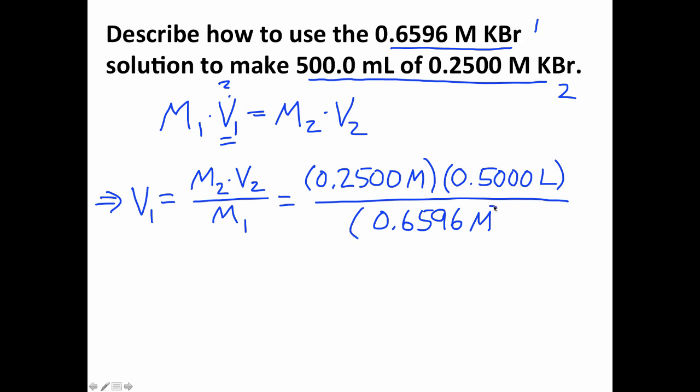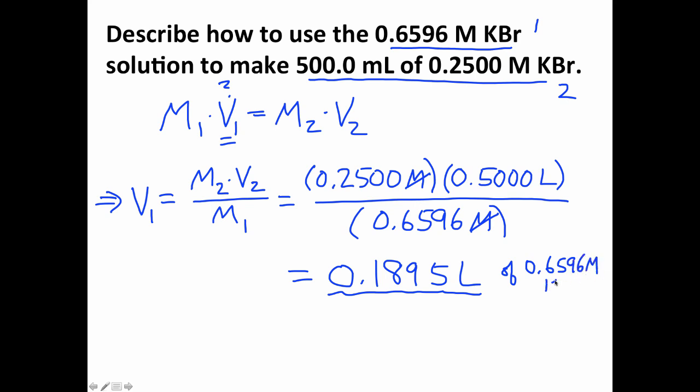And notice molarities cancel, leaving us with liters. And when we do our calculation, what we get is 0.1895 liters.